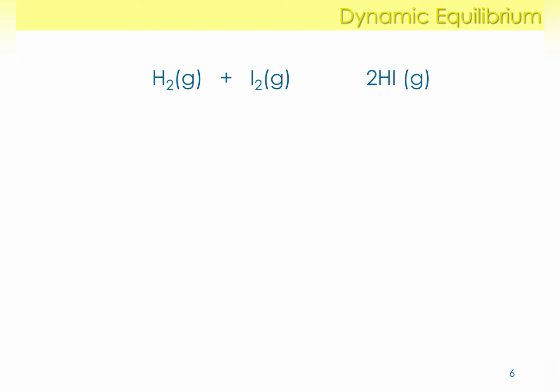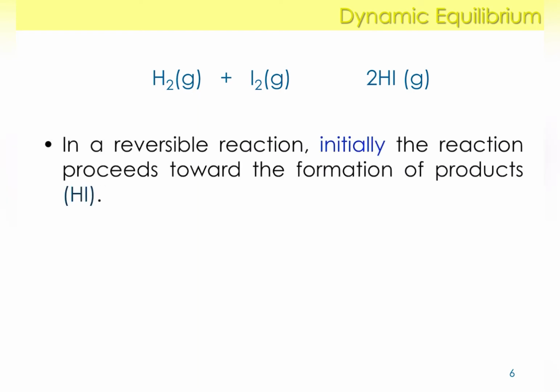So how do you describe this kind of reaction in sentences? You can say that in a reversible reaction, initially the reaction will move in the forward direction to form the product, where these two reactants, H2 and I2, will react together to form HI. This is the forward reaction.